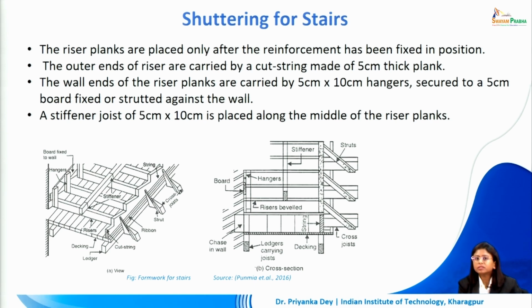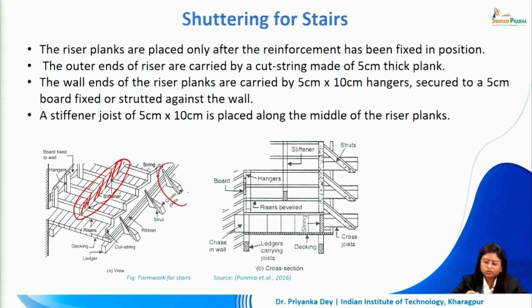The outer ends of the riser are carried by a cut string made up of 5 cm thick plank. The wall ends of the riser planks are carried by 5 cm by 10 cm hangers secured to a 5 cm board fixed or strutted against the wall on which the staircase is to appear, and a stiffener joist of 5 cm to 10 cm is placed in the middle of the riser planks. This is the stiffener we were talking about.